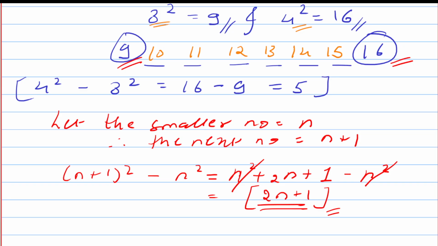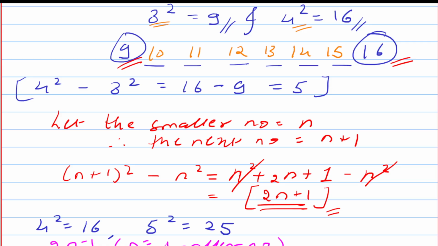Let's check this trick for some other example. Let us say we want to find how many numbers are there between 4 square and 5 square. So we know that 4 square is equal to 16, 5 square is equal to 25. If I apply this formula, what should I get? 2n plus 1, where n is the smaller number.